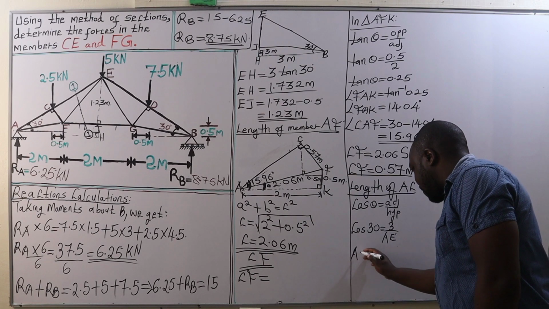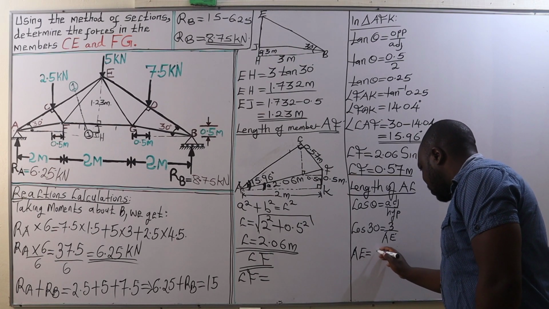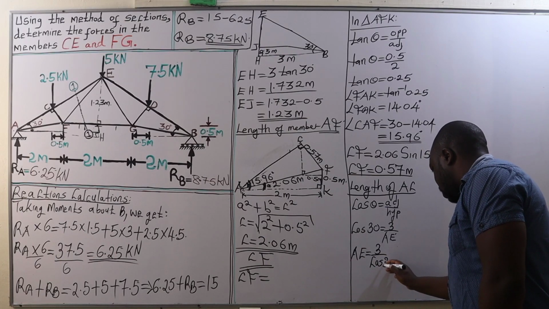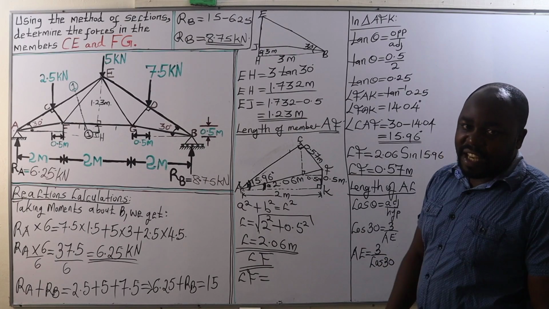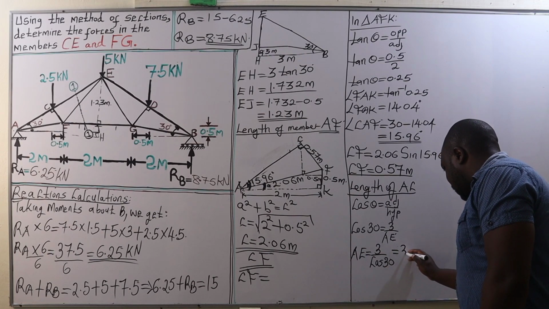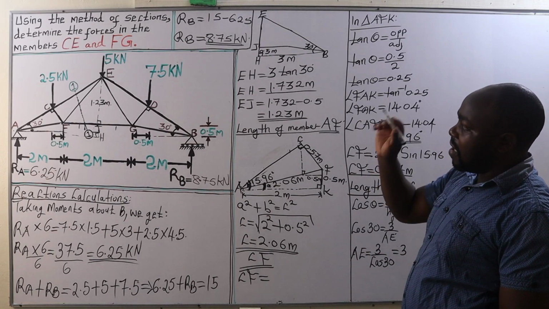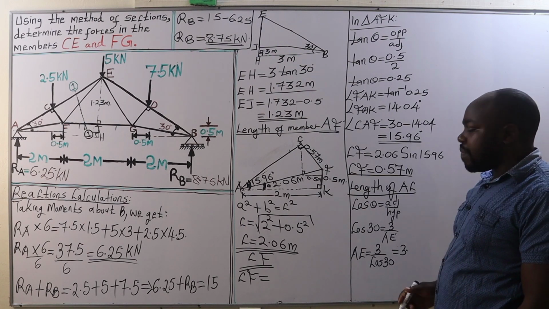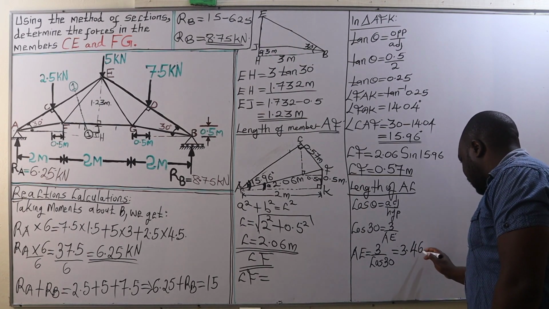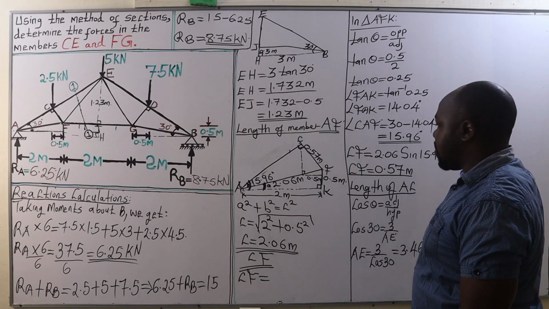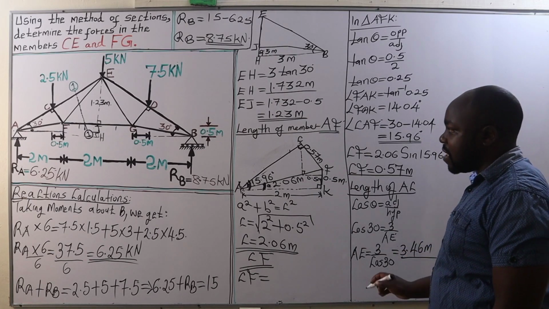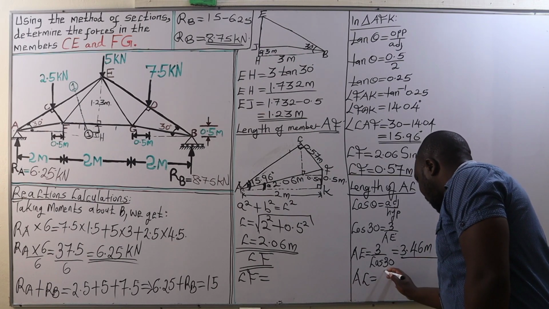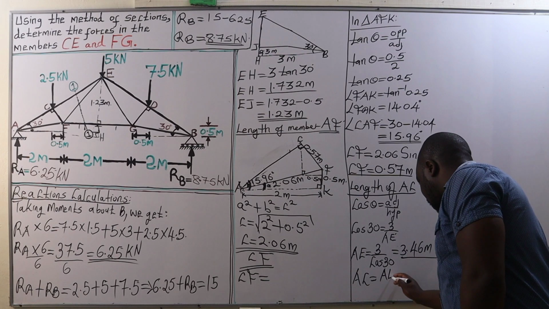Therefore, the length of AE is 3 divided by cos 30 degrees, which is 3.46 meters.